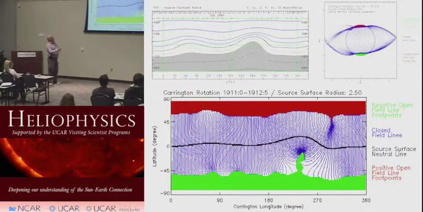If I map the magnetic field at the source surface, this is the plots we were seeing before, I have negative field, that is field coming in, in the south, and positive field in the north. It looks much simpler, much smoother than this green region and this red region, because these greens and reds are not telling me about the magnetic field strength.